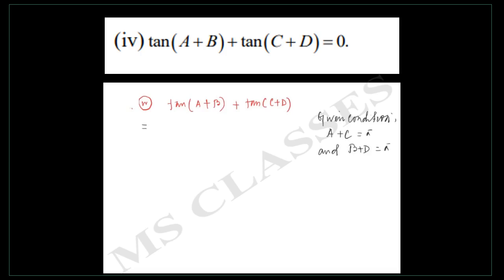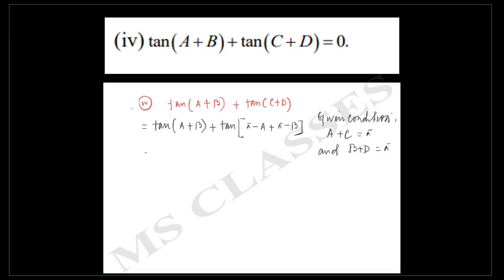So simply replace this value. So here what is given? Tan A plus B plus tan C plus D. So we can write here tan A plus B as it is. And here we replace the other angles. That is here pi minus C plus pi minus.